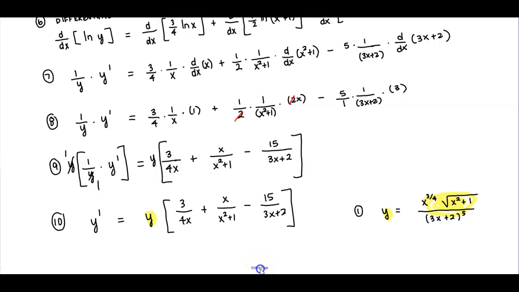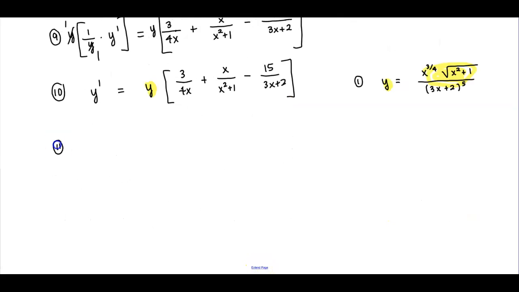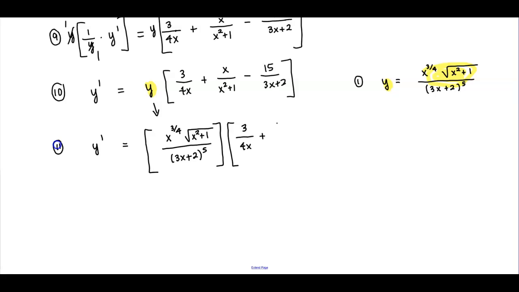So our final answer is going to be y prime, which is equal to x to the 3/4 times the square root of x squared plus 1 divided by 3x plus 2 to the 5th power, since that's what y equals, and then multiply that by 3 over 4x plus x over x squared plus 1 minus 15 over 3x plus 2.